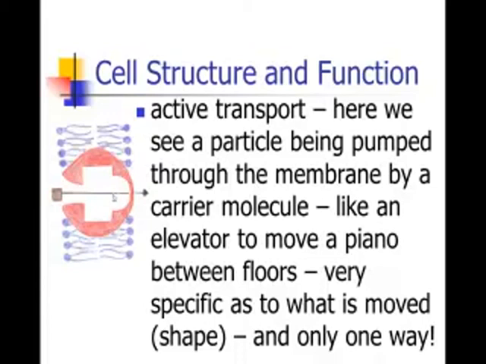Active transport, you can see, is sort of like using the elevator, right? But it's very specific on what it moves. The shape of the molecule determines what can be moved and what won't be moved. And in active transport, the material only goes in one direction, whereas in facilitated diffusion, it has the potential to go both ways.